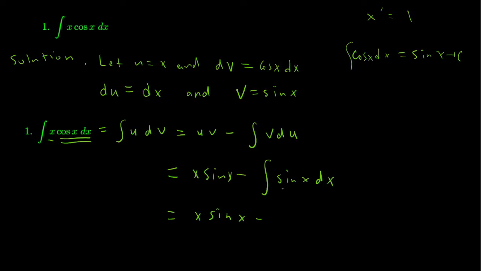What is the antiderivative of sine of x? The antiderivative of sine of x is negative cos of x. Okay, and then we combine with the negative sign here, we turn the sign to plus cos of x. After getting rid of all the integration notations, do not forget to add plus c. That is the final answer.